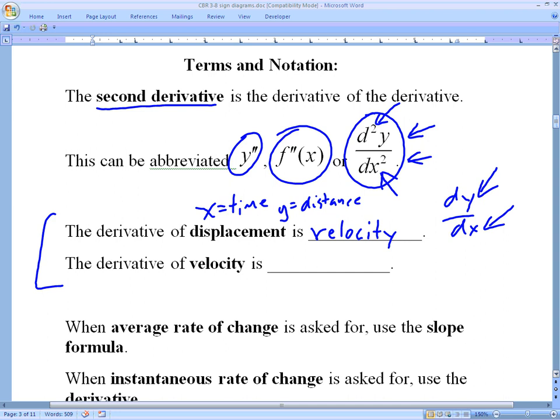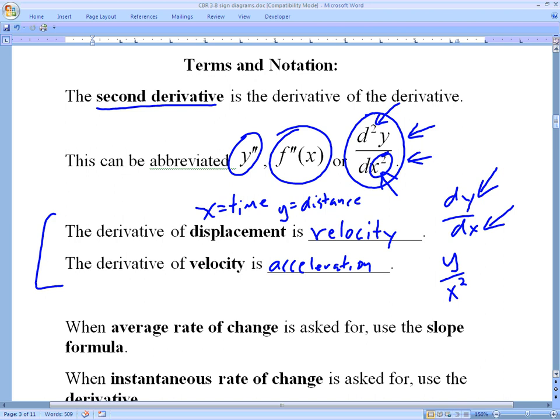Now, when it comes to velocity, we do the derivative and we get acceleration. We talked about that last time. And again, our label now is our second derivative, which would be dy. And so y is still distance, but then you have the x is squared. So it's y over x squared as far as your label goes. And so it's distance, say miles, per hour squared.